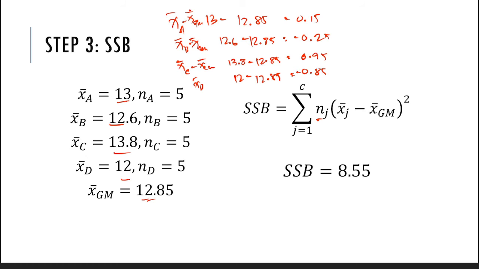We need to square them first, then pagka-square natin, saka natin i-add, then saka natin i-multiply din sa 5. So, kumbaga, square mo muna itong 0.15. So, that is 0.0225. Then, and so on and so forth para makuha yung ating 8.55.